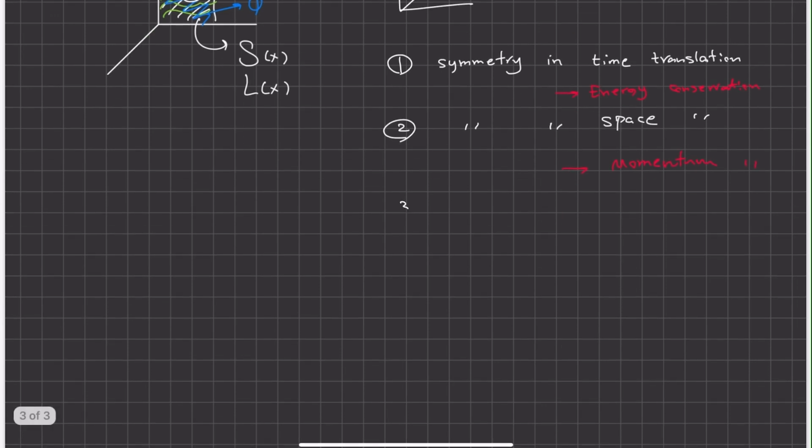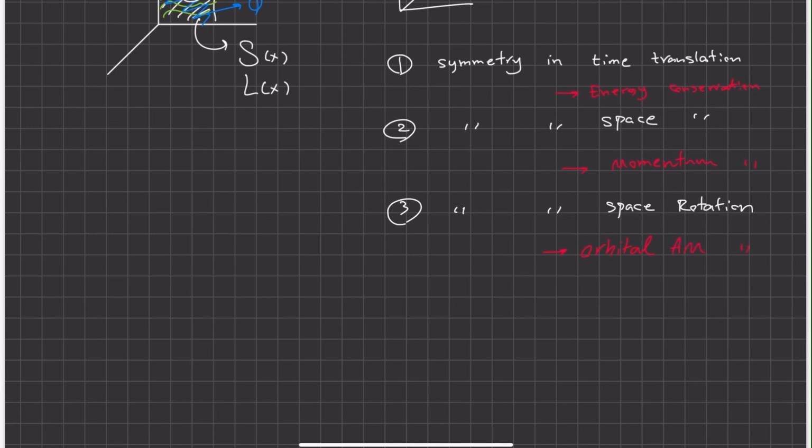And I also have symmetry in space, let's say rotation. And rotation is different from translation. That is equal to angular momentum, so orbital angular momentum. Let's say we expect this argument to give us that orbital angular momentum conservation.